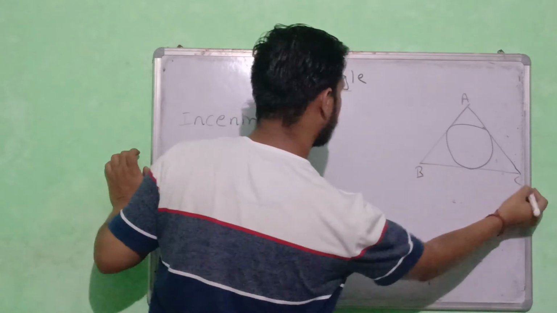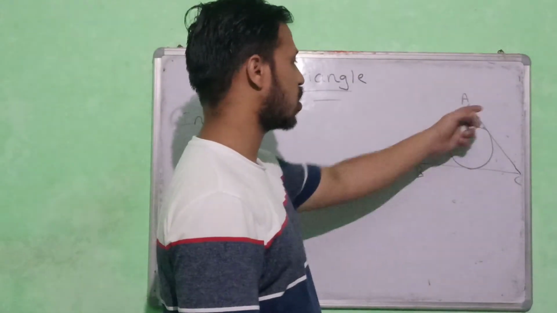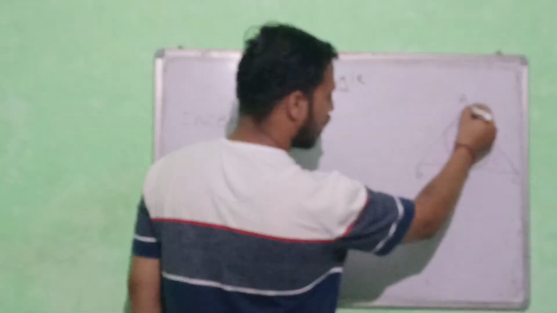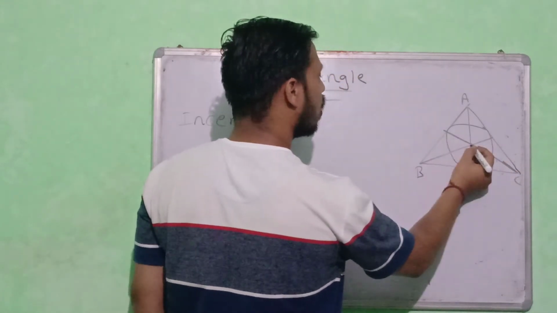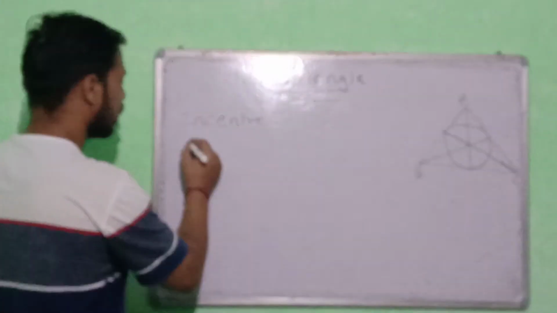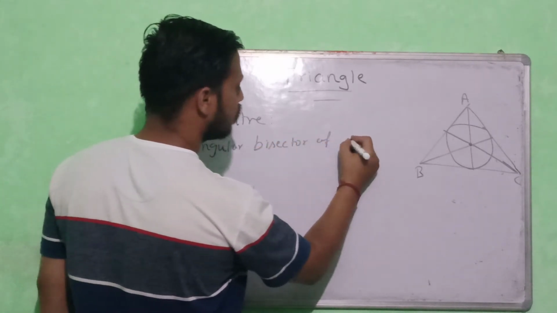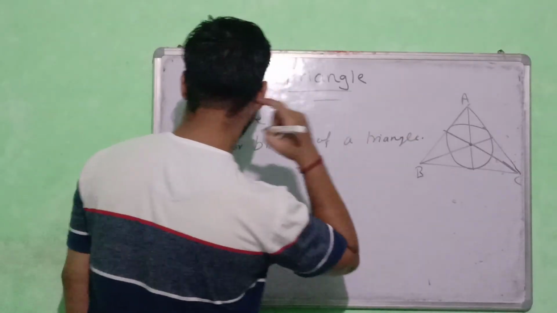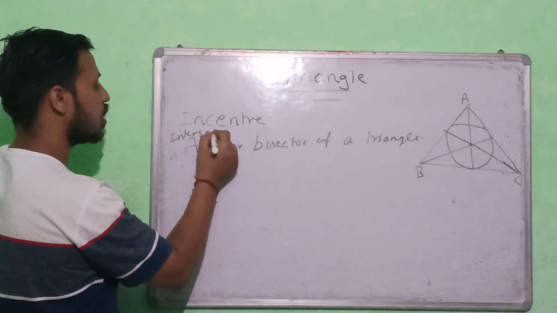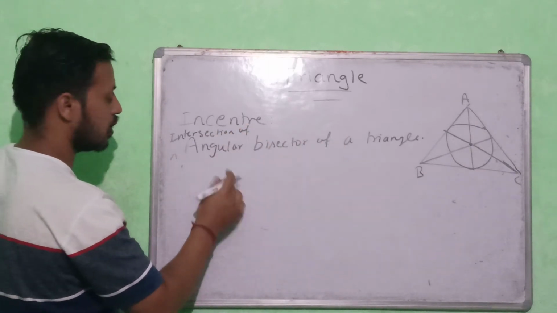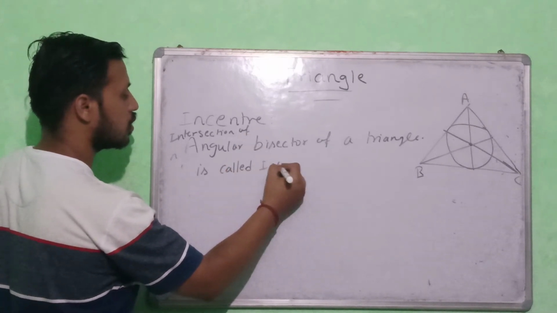Now the angle bisectors of the triangle: the angle bisector of angle A, of angle B, and of angle C. The intersection of the angular bisectors of a triangle is called the incenter.